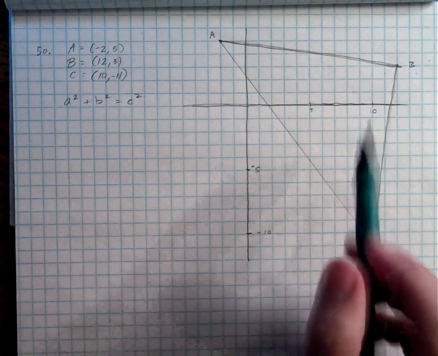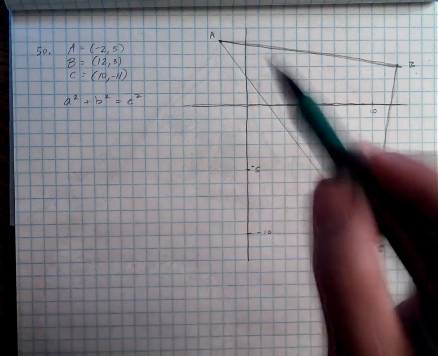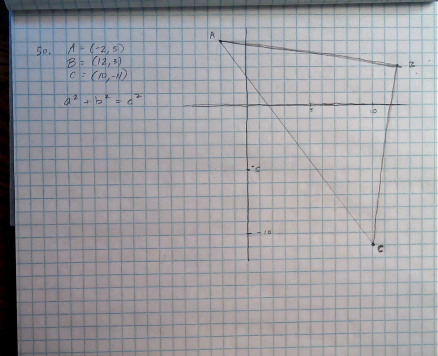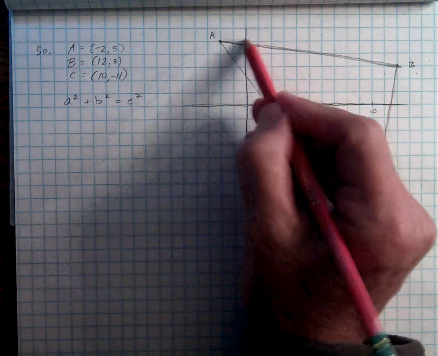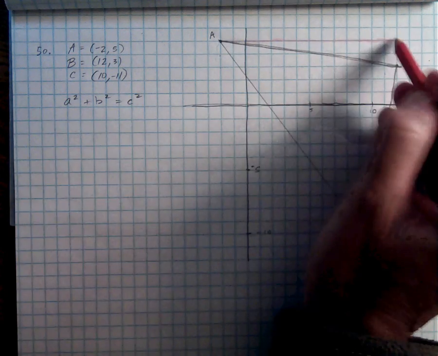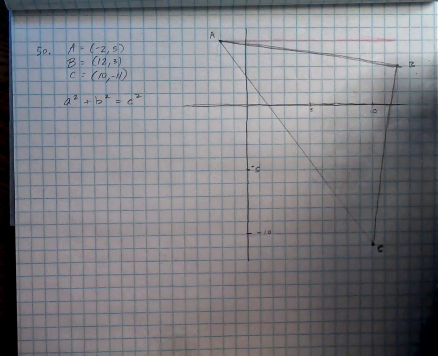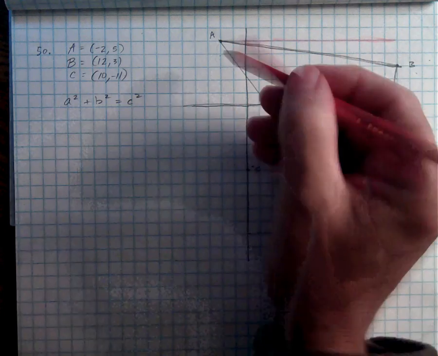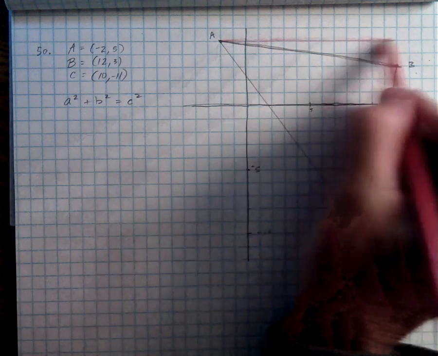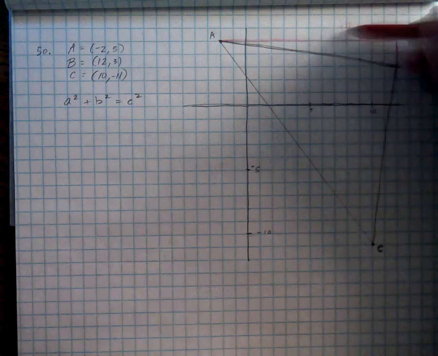So let's see. To get over from A to B, I have to go down 2. So I'll just do that thing with the triangle. I'll just go over. Looks like I have to go over about 14, I guess, right? Because I'm at negative 2 on this side, and then I go all the way over to 12 and then down. So I think that's 14. And then down 2.